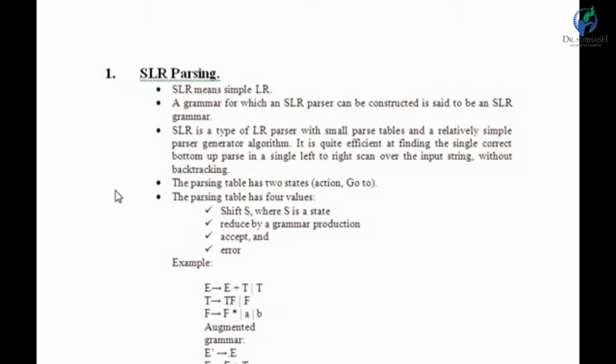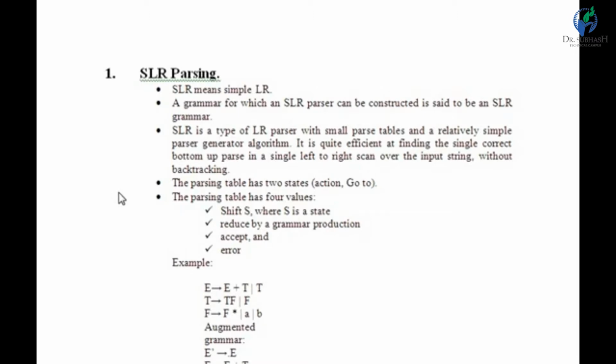SLR is a type of LR parser with small parse tables and a relatively simple parser generator algorithm. It is quite efficient at finding the single correct bottom-up parse in a single left to right scan over the input string without backtracking.